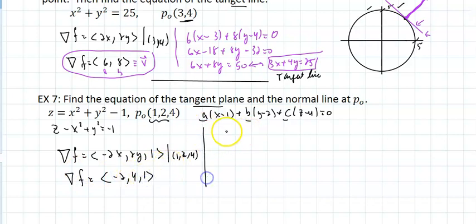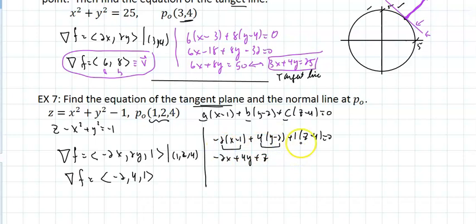So now I could say, find an equation of the tangent plane that is -2 times x minus 1 plus 4 times y minus 2 plus 1 times z minus 4 equal to 0, or -2x plus 4y plus z, that's a +2, minus 8, that's -6. -6 minus 4 is a -10.